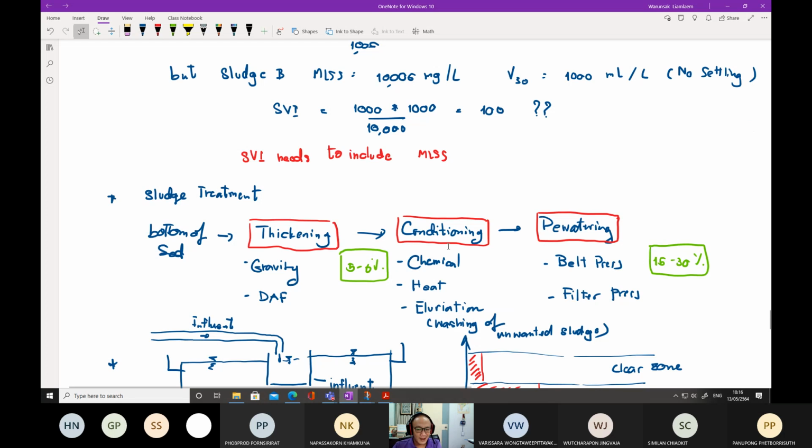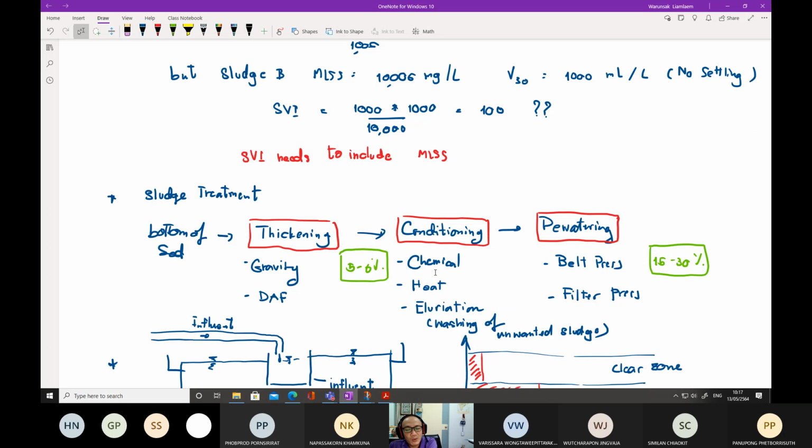And then we apply the conditioning process where some chemicals are added. Sometimes we may have to add alum, sometimes ferric chloride, or maybe sometimes a polymer. Chemical conditioning is more or less similar to the coagulation and flocculation process. And after we adjust the conditions of the sludge, then it is suitable for dewatering.